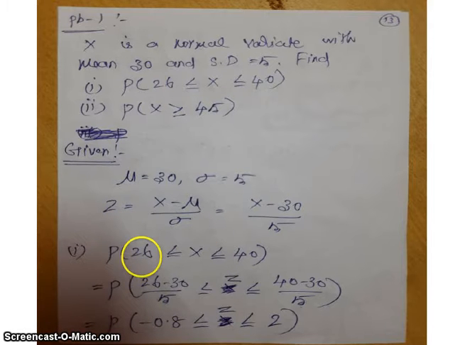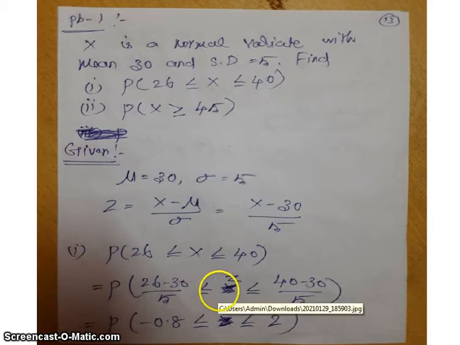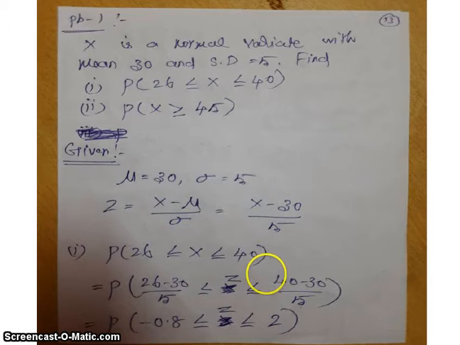P of 26 minus 30 divided by 5 less than or equal to z less than or equal to 40 minus 30 divided by 5. If you simplify that, you will get minus 0.8 less than or equal to z less than or equal to 2. So you have to calculate the area between minus 0.8 and plus 2.